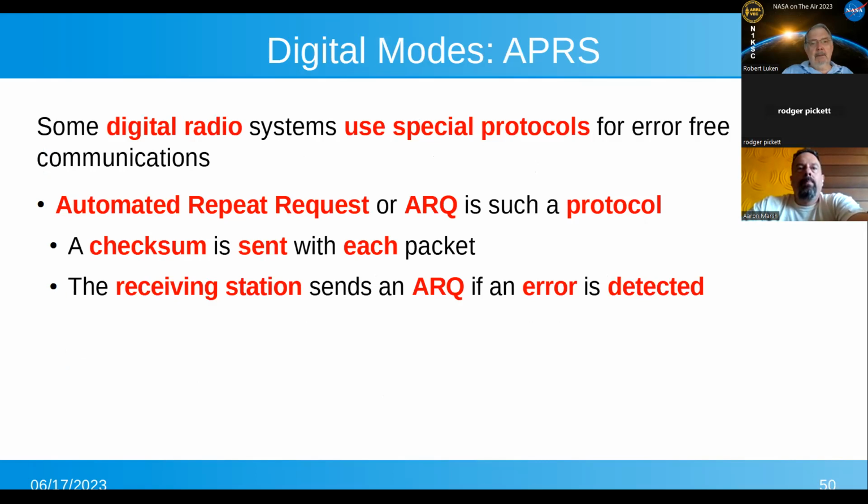Okay, we were talking about packet radio and some of the special modes, like the automated repeat request, where the receiving station, if the checksum doesn't add up, sends back an ARQ message which says resend the packet.